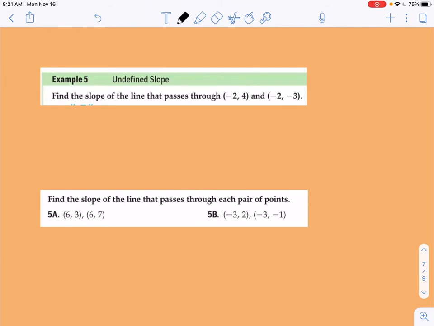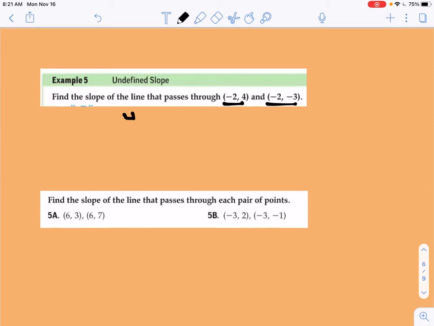We're going to look at this numerically, and then pictorially. If I use my slope formula between these 2 points, let's start with 4, so that's my y. I'm going to go 4 minus a negative 3, so I've got a double negative going on. And I have negative 2 minus a negative 2. So it's this one minus this one.